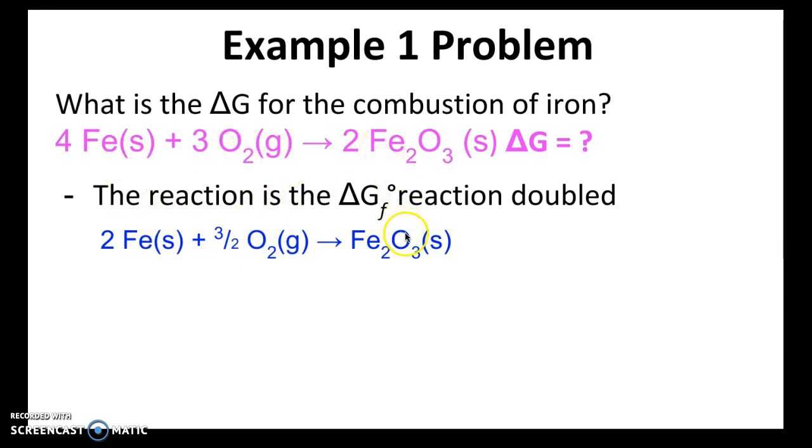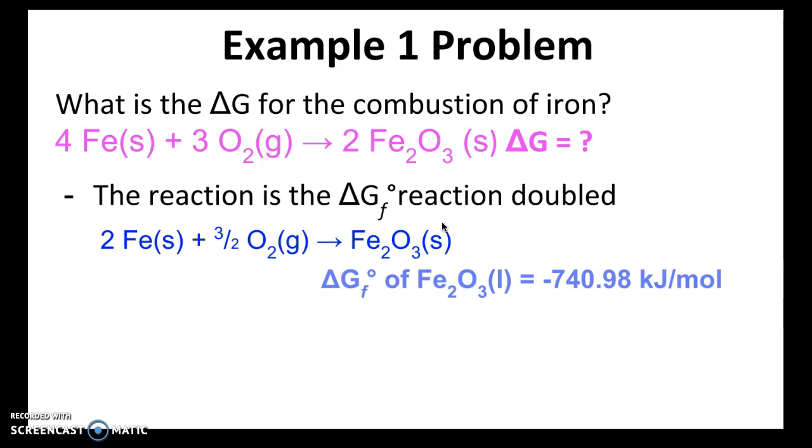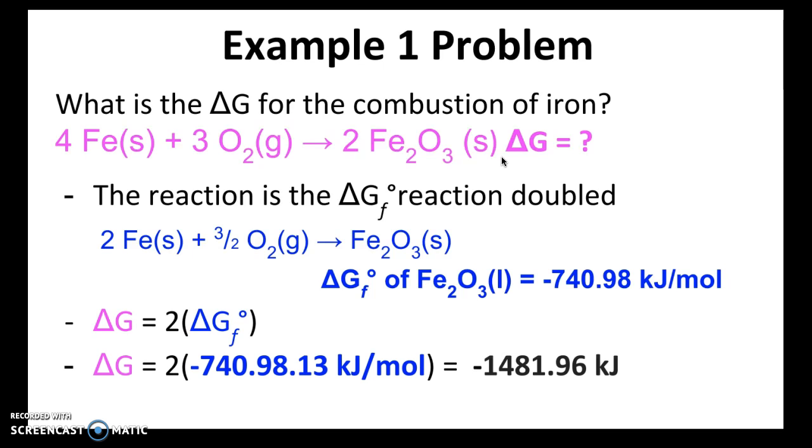The main difference between them is that the coefficients in the reaction in pink are doubled. So all we did was double the formation reaction. And since we doubled the formation reaction, all we need to do is double the delta G of formation in order to get to the delta G of the reaction at the top. So delta G in pink is going to equal 2 times the delta G of formation. And that's how we get this value.